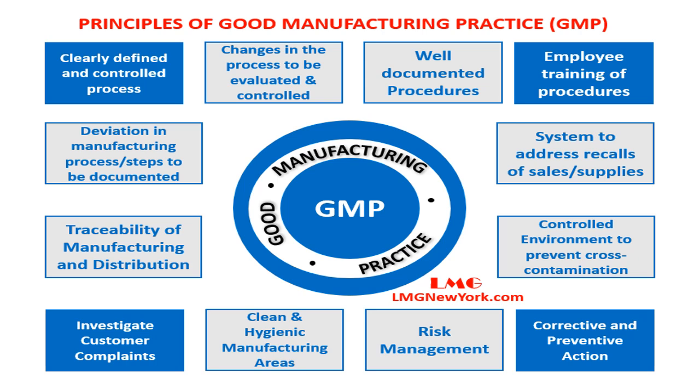And investigate customer complaints, whenever there is any complaint we must investigate and know the details. Then traceability of manufacturing and distribution, which I have already told earlier, and then deviations in manufacturing process steps to be documented. So these are some of the detailed aspects about the GMP.